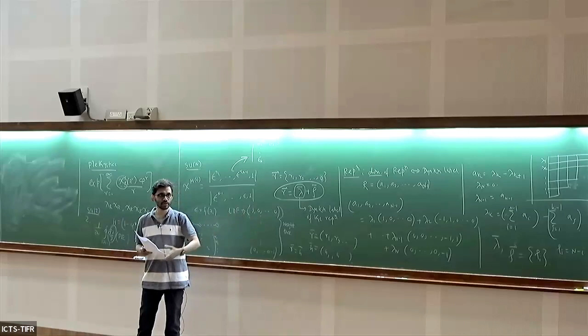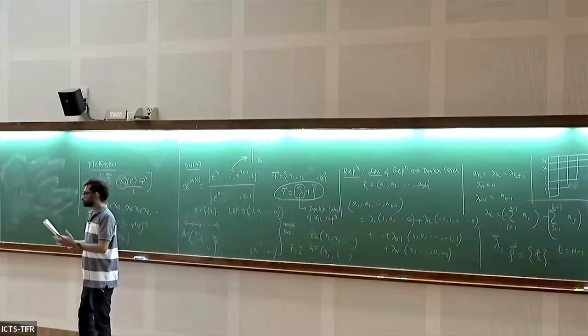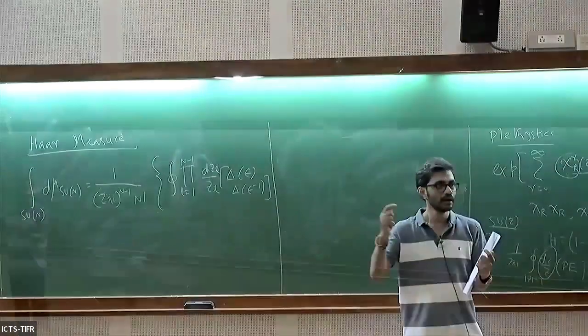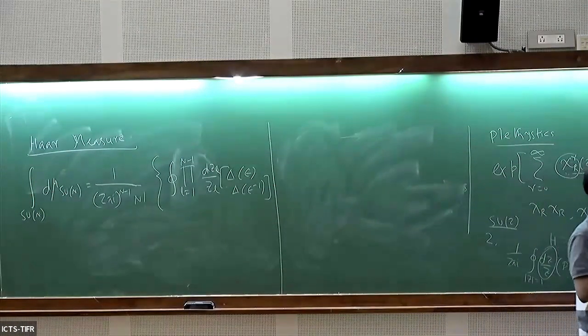So now, what we have done? For the SUN group, we can think in terms of n minus 1 abelian factors. Then you can think of the volume element as just, for each unit radius circle, you take out and decompose that thing.